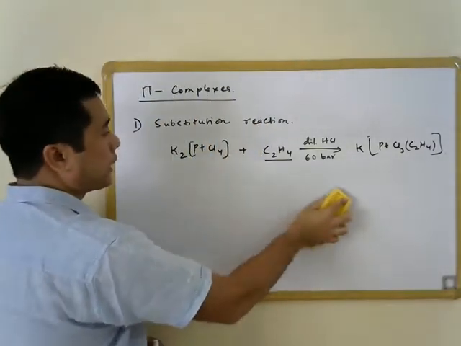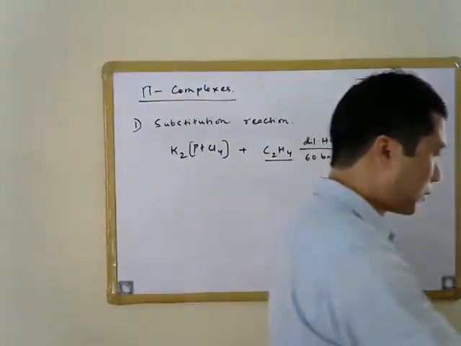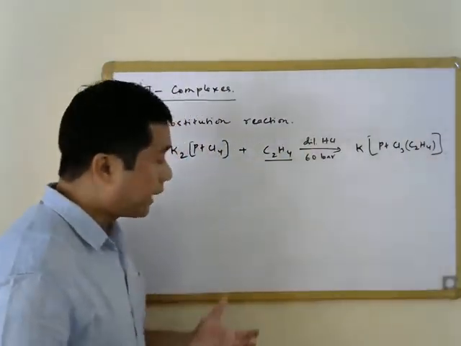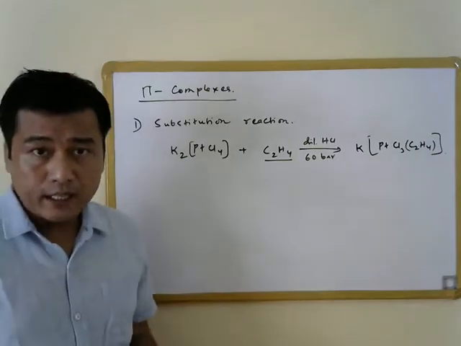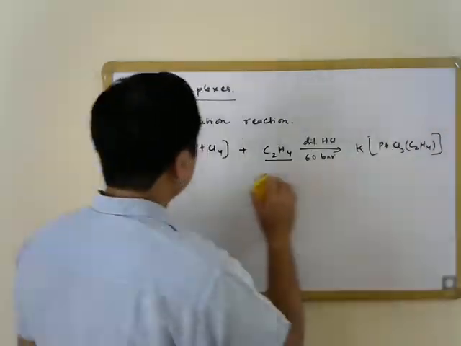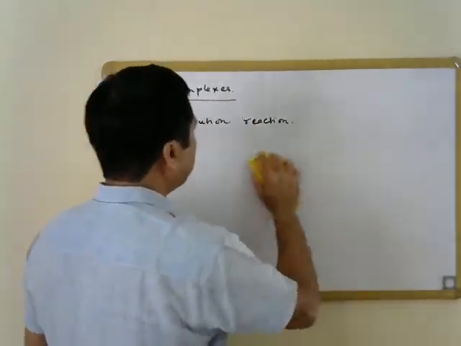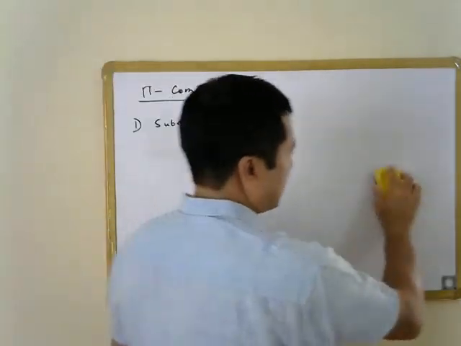The abstraction of chloride from such metallic salts can also be achieved by using AlCl3, because AlCl3 can abstract the chlorides to form AlCl4. We'll see one example where this is done.